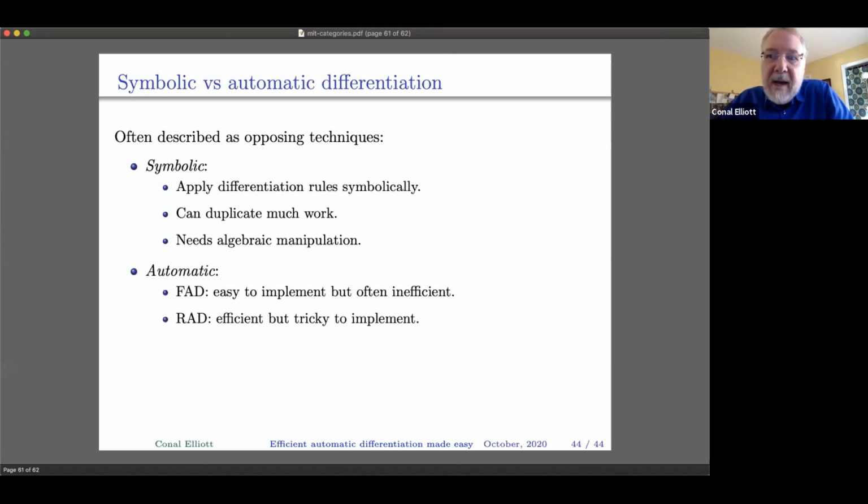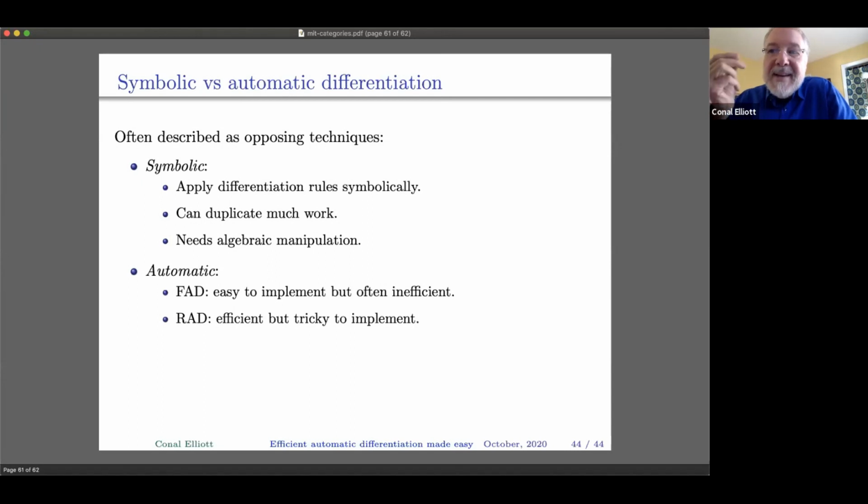All right, but I don't agree with this perspective. I think the efficiency problem that you're bringing up, Paul, with duplication is about doing differentiation badly. If you do differentiation badly, meaning specifically if you don't take care around sharing or around reuse, then you're going to get this issue.